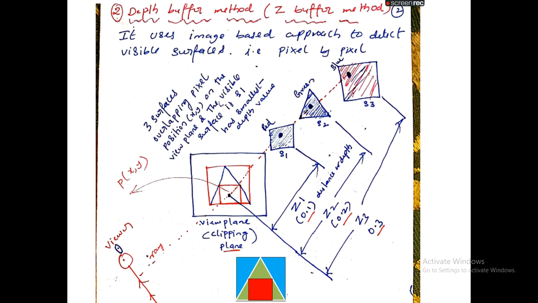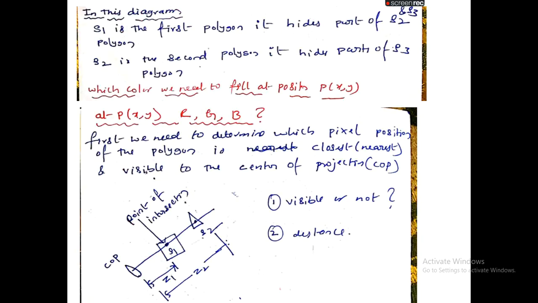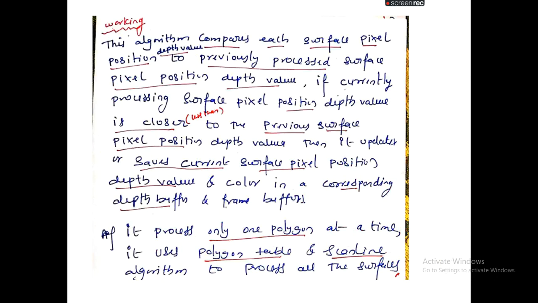When the distance is smaller, when that particular surface is closer to the viewer, like this, like this, like this, the Z buffer algorithm will process all the surfaces pixel by pixel, by using the scanline algorithm.